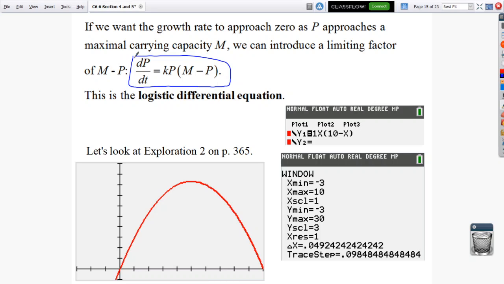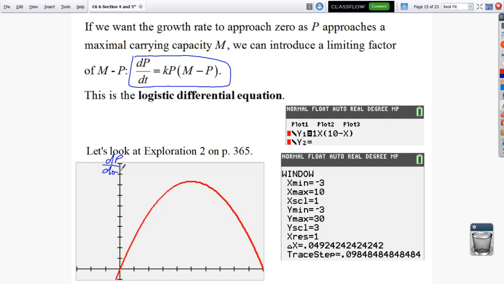Now, just to give you guys a heads up on what I have on this page right here, this graph right here is the graph of this equation right here. This equation is the dP/dt. So our y axis on this graph right here is the rate of growth. We're going to label that as dP/dt.